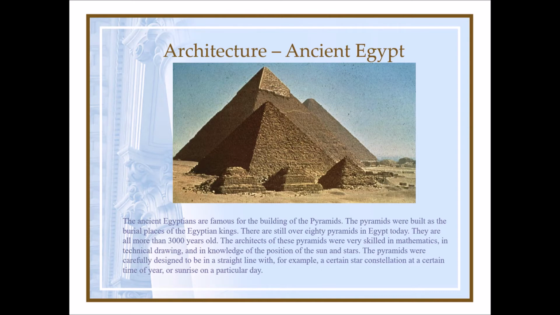The pyramids were carefully designed to be in a straight line with, for example, a certain star constellation at a certain time of year, or sunrise on a particular day. Because the pyramid is used as a burial for an Egyptian king, the constellation of the stars when the king was born became the position of the pyramid also, as a reminder of when the king was born.